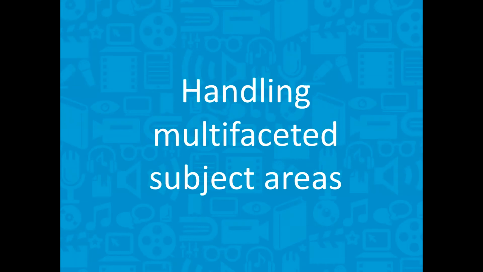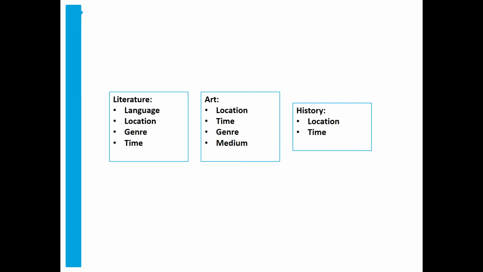So, multifaceted subject areas, and this is where I get to be like the serious cataloging nerd that I am. What we found and what I'm trying to articulate is that certain sections of your collection, certain subject areas, have a lot of facets to them that are kind of working together.